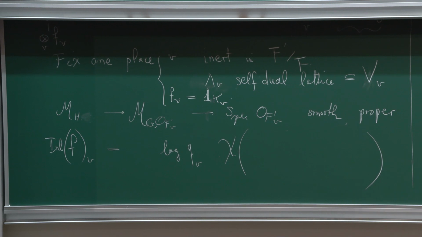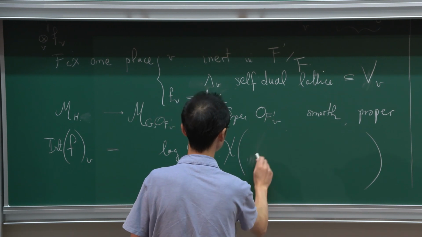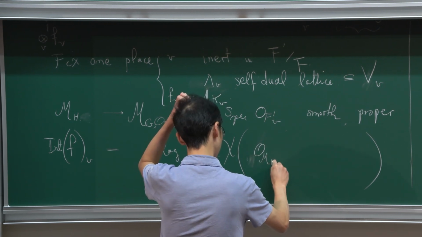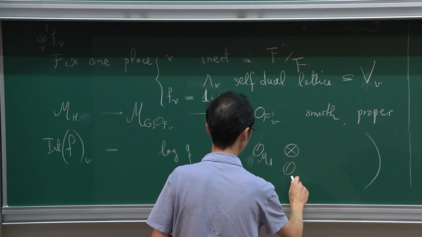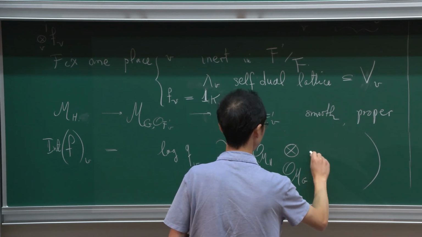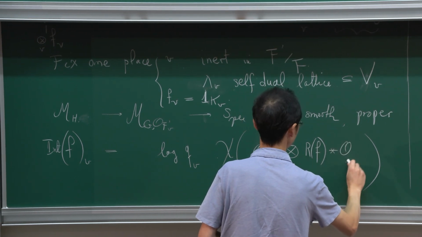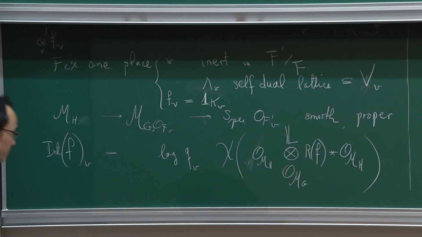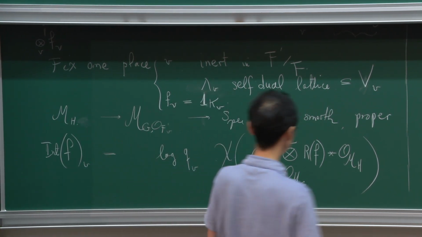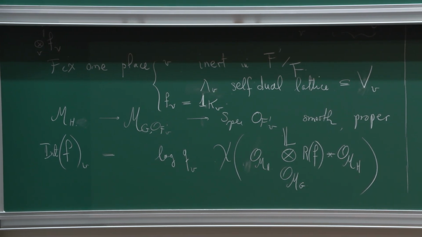So those are the integral models. So in this case, the intersection number is the derived tensor product over the big M_G, then translated by the Hecke correspondence, the length over the Euler-Poincare characteristic. So this is really the definition of the local height in the unramified, good reduction case.